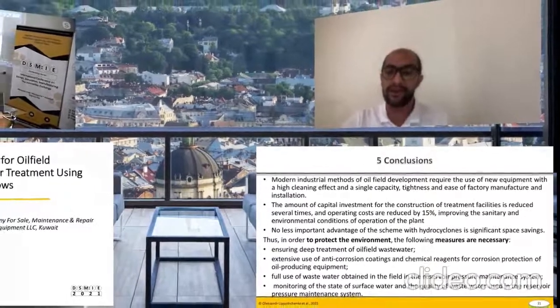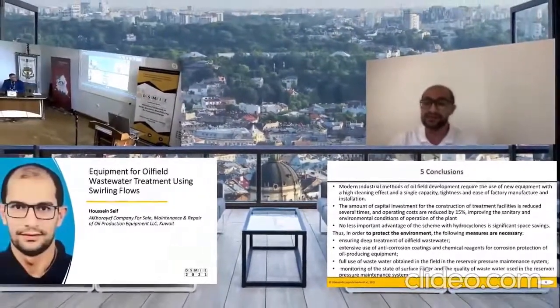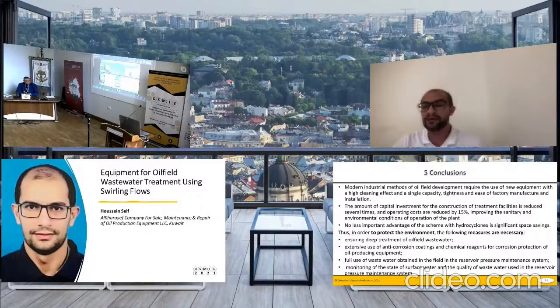The amount of capital investment for the construction of treatment facilities is reduced several times, and operation costs are reduced by 15%, improving the sanitary and environmental condition of operation of the plant. No less important advantage of the scheme with hydrocyclone is significant space savings.